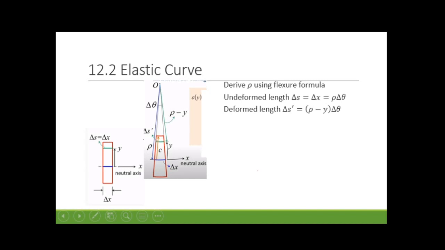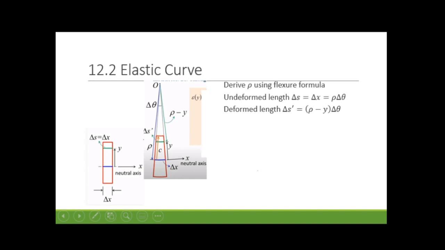Also, I want to measure at any point. It looks like y is the length of these. Drawn in green is delta s prime. Delta s prime is equal to rho minus y, therefore rho minus y times delta theta.